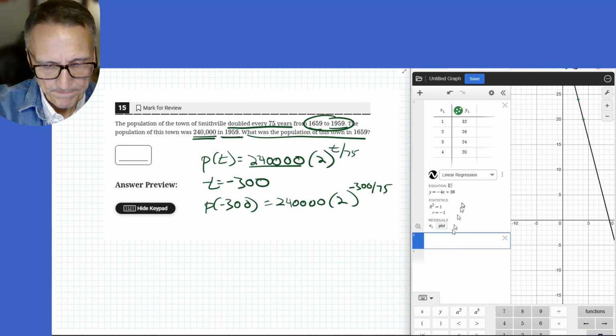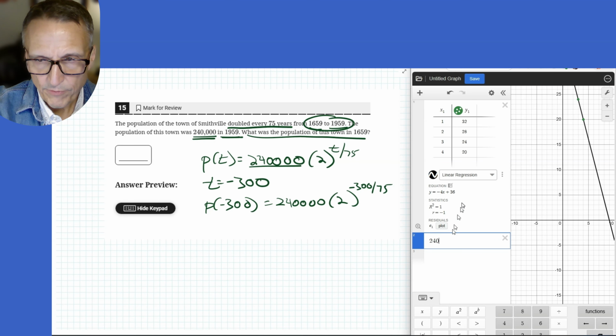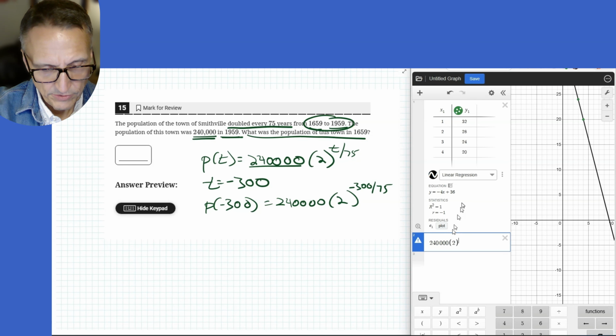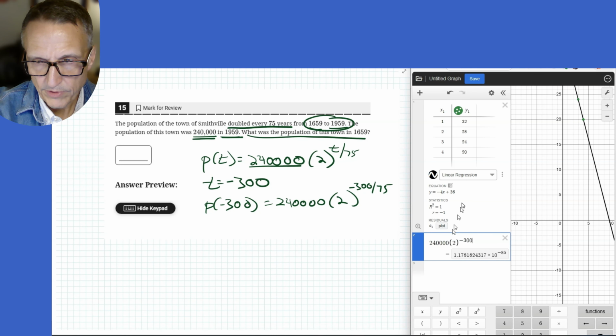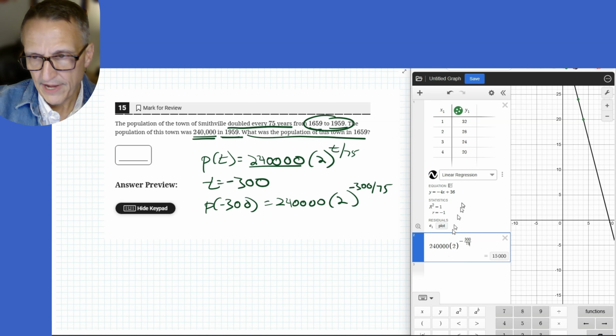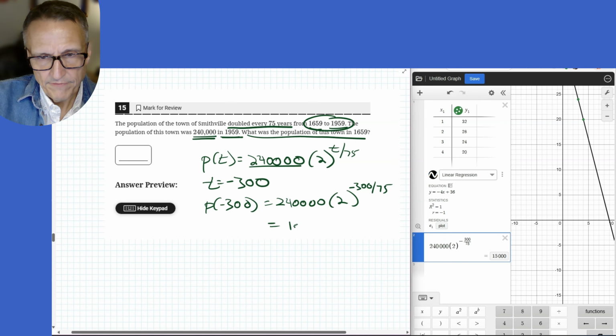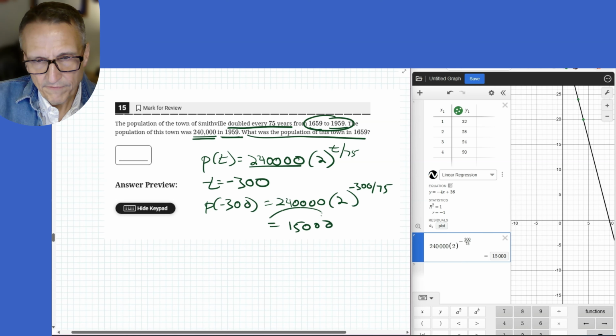So I'm going to do that. 240,000 times 2, and then we'll raise that to the negative 300 over 75. And there's my answer. The population back in 1659 was 15,000.